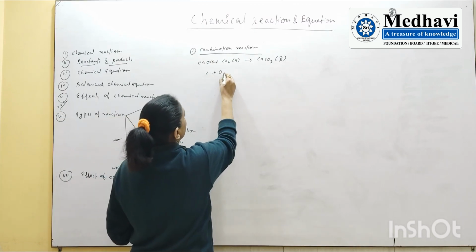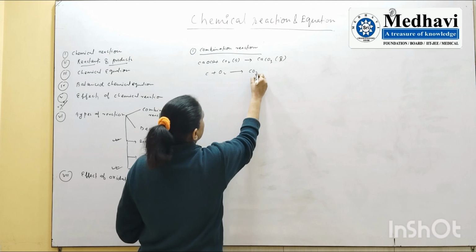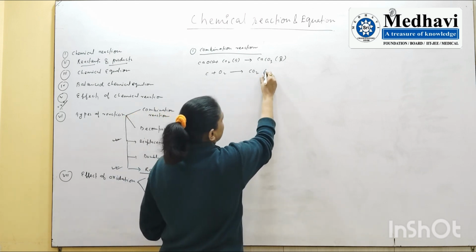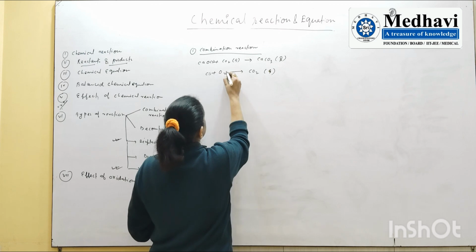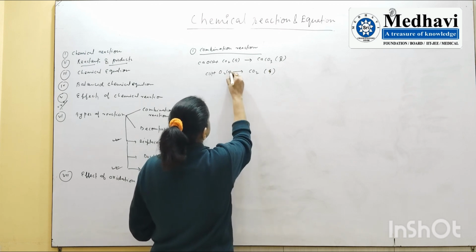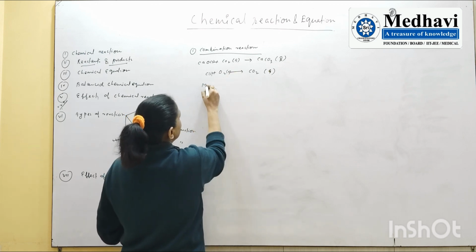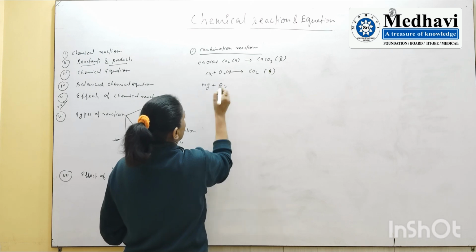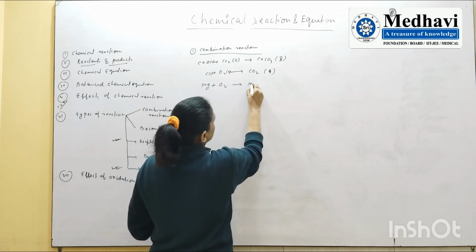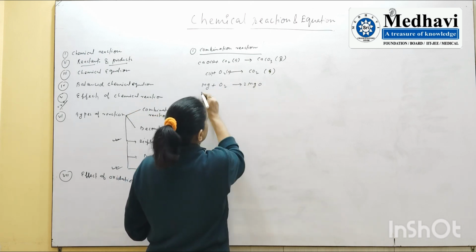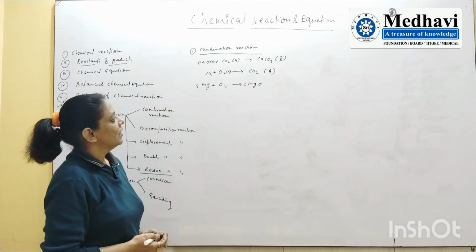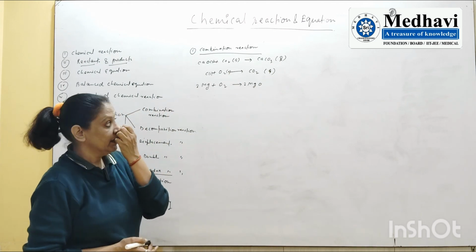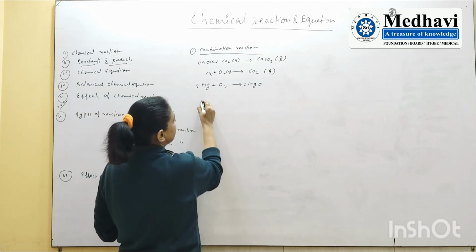Carbon burns with oxygen to give carbon dioxide. This is also an example of a combination reaction. Magnesium reacts with oxygen to produce magnesium oxide, another example of a combination reaction.